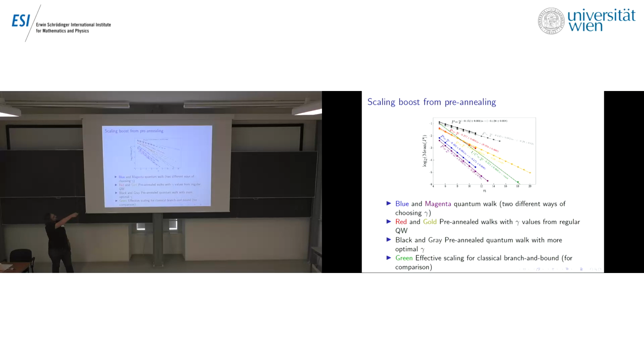And what we find is there are two slightly different ways of selecting it, which is why there are two lines, a scaling exponent on the probability of like 0.0145, which is quite good. This green line is, okay, I've inverted it to turn it into a probability rather than a time, but is representative of the scaling of branch and bound, which is a high-end classical algorithm. So now we're beating a high-end classical algorithm by quite a lot, at least in our finite size scaling.